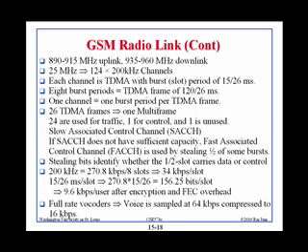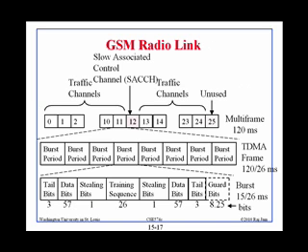So there is SACCH, and if one channel is not enough, then we can use half of the bits from the other burst. So basically what we can do is steal bits from the other burst. This is a whole burst, and we can steal half of it for control.